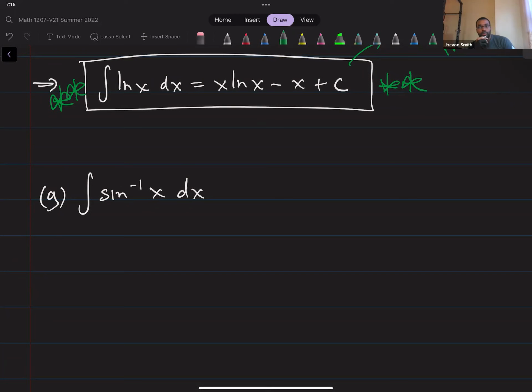What do we do here? We use sine negative 1 x as the u, and the du is just dx.